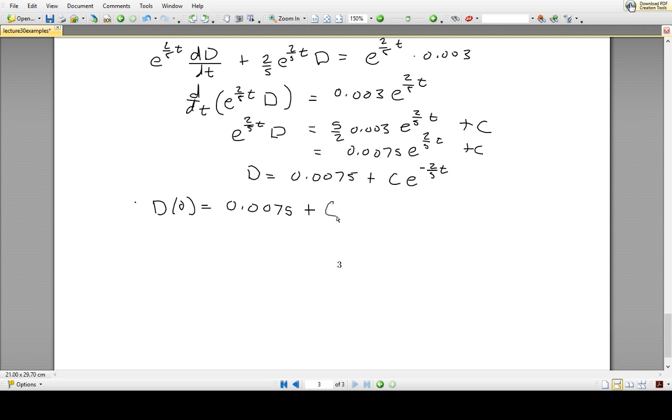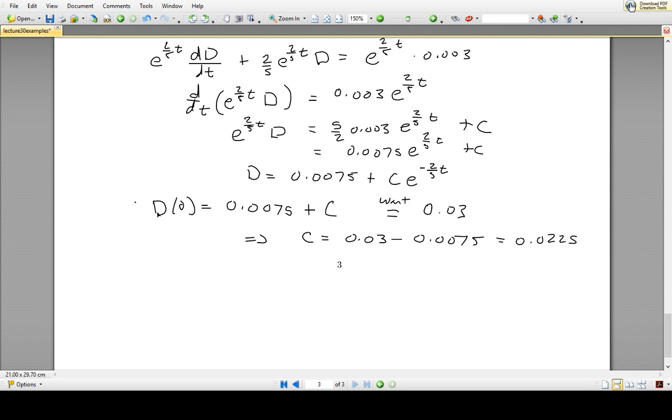So that just gives me c. And what I want that to be equal to is the 30 milliliters that I was supposed to start with, and so that is 0.03. So with this, I can solve for c. c is equal to 0.03 minus 0.0075, which is equal to 0.0225.